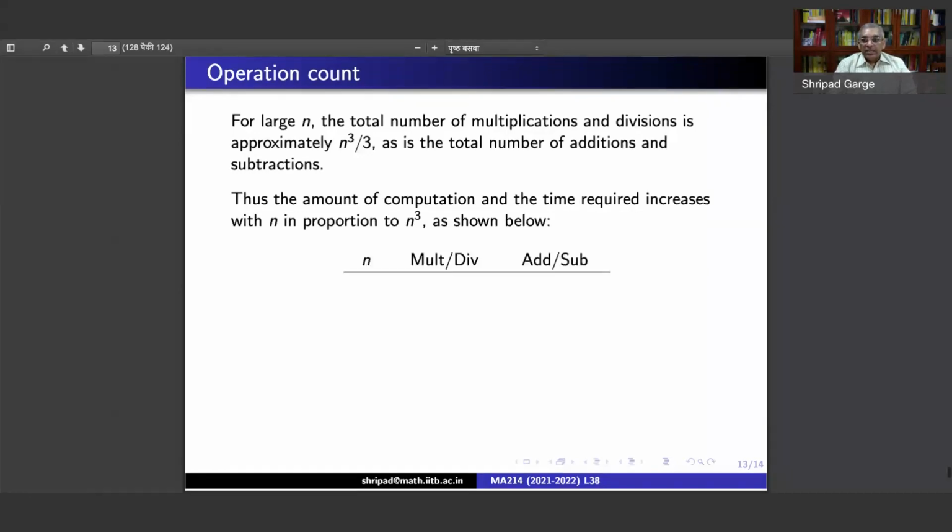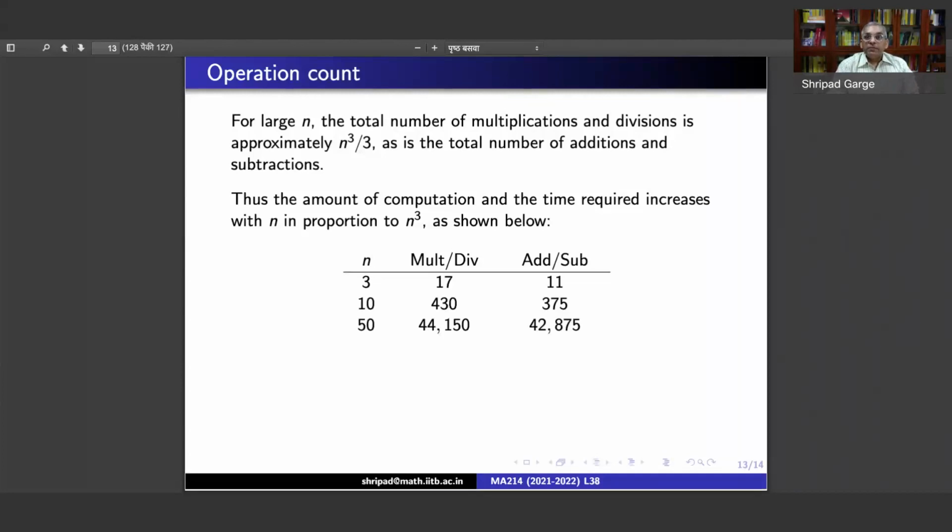So for instance, we will just compute a few. If you had n equal to 3 and you put the values in that formula, you will see that there are 17 multiplications or divisions required, whereas there are only 11 additions or subtractions. If you go to 10, the number becomes 430 and 375.